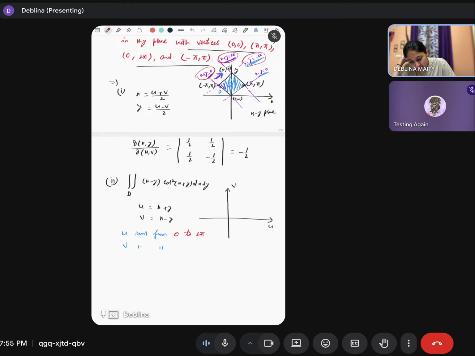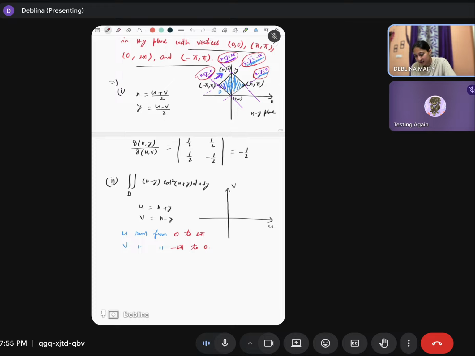So x minus y here runs from minus 2 pi to 0. This is the limit of u and v.